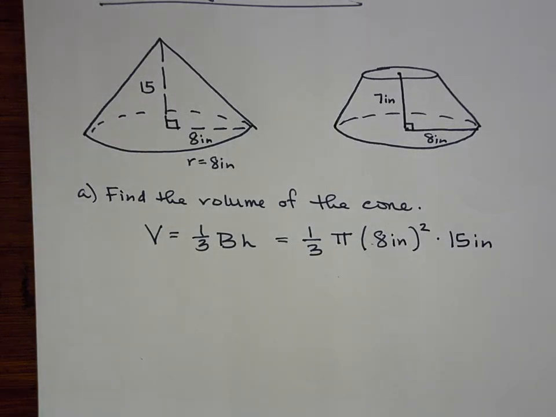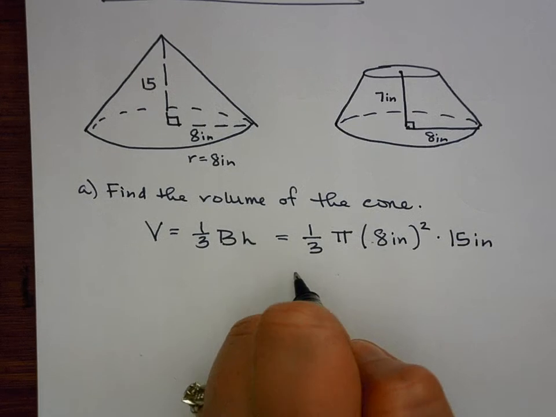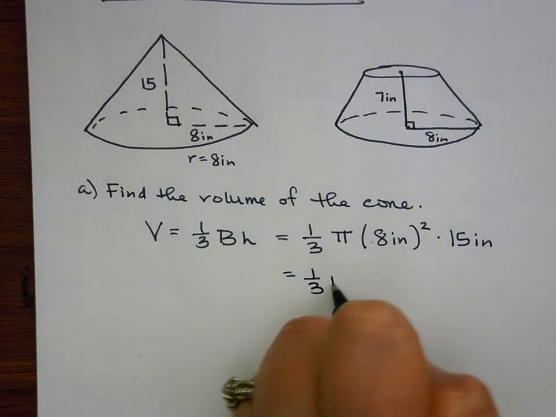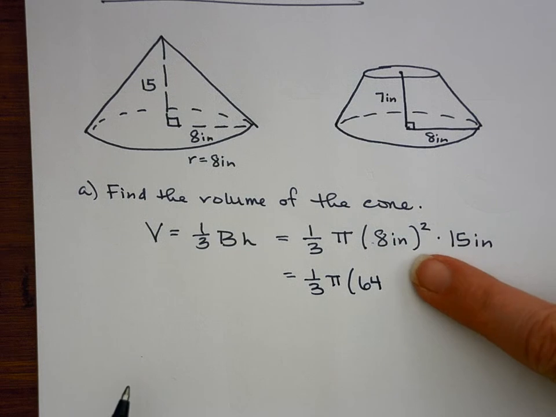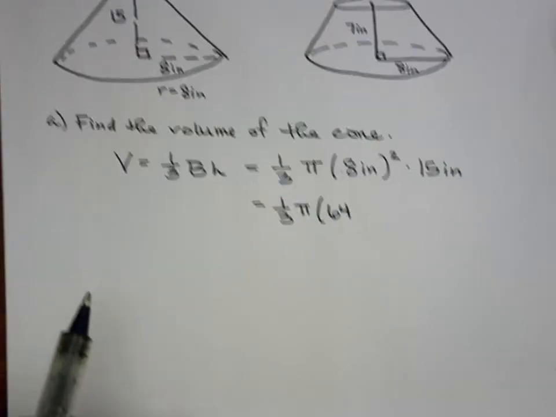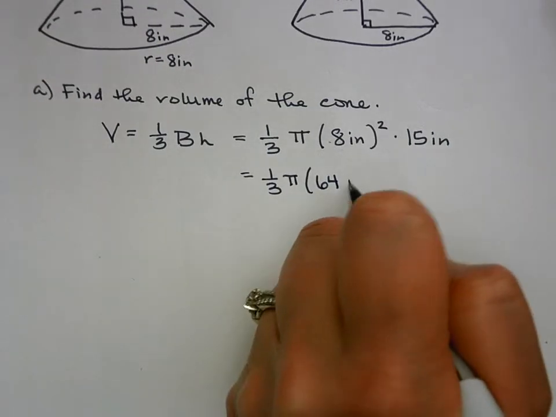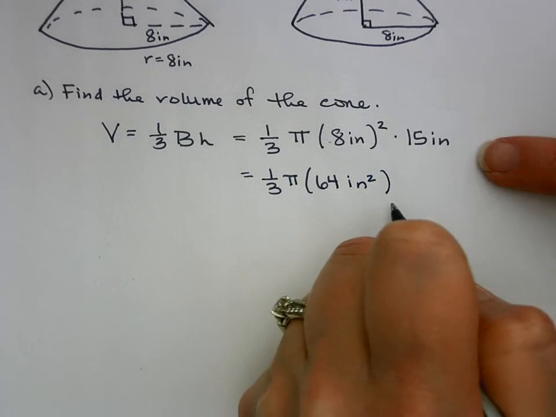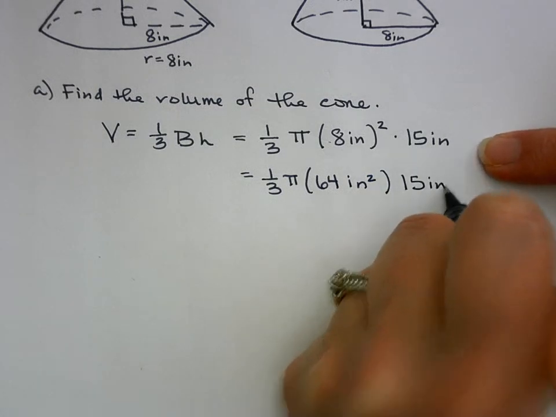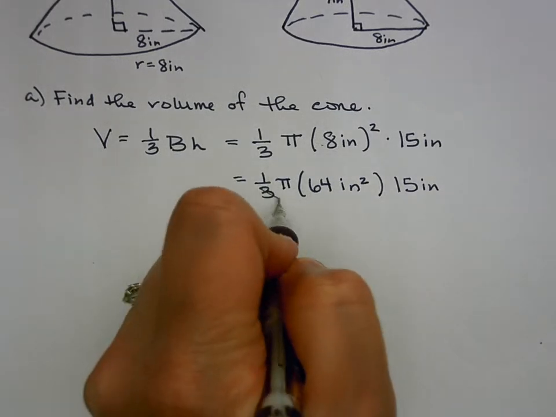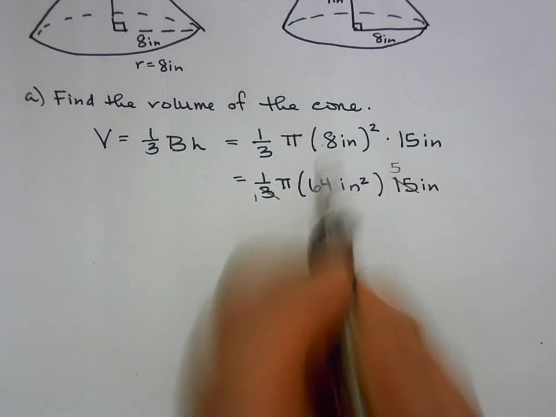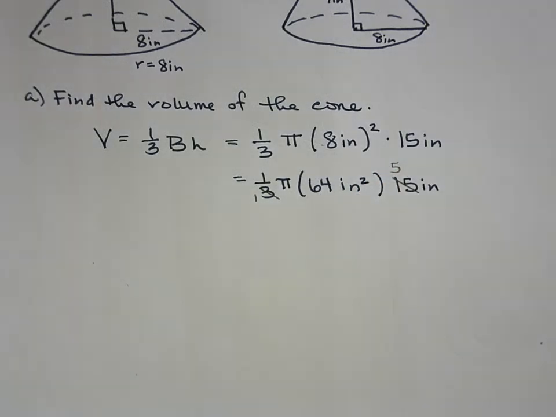And then 8 times 8 is 64, and then inches times inches, so inches squared, and then times 15. So before I multiply this, I can see that 3 goes into 15, so I'm going to go ahead and reduce that. So 3 goes into 3 once, and into 15 5 times. And that's just to make it so I have smaller numbers to work with.